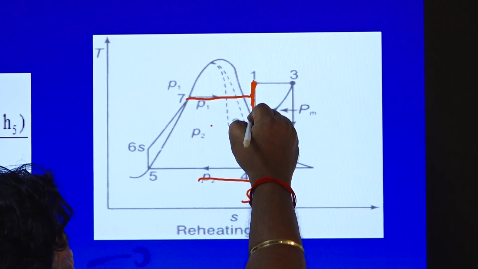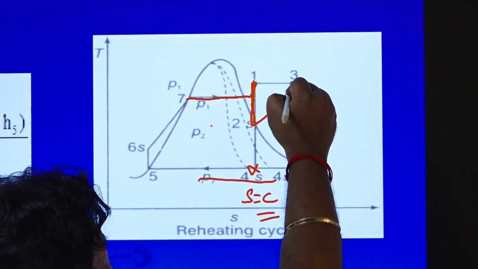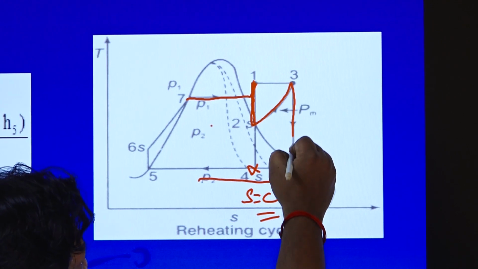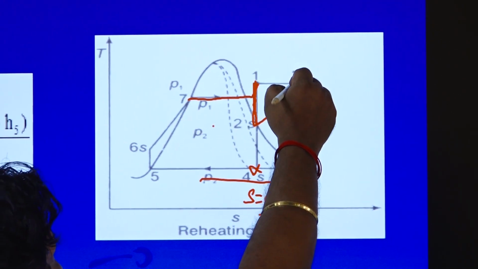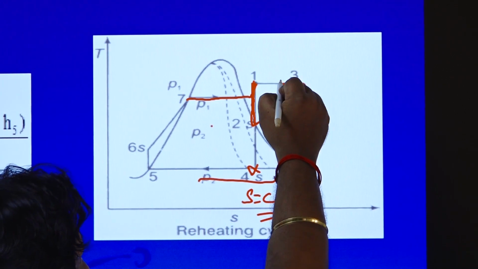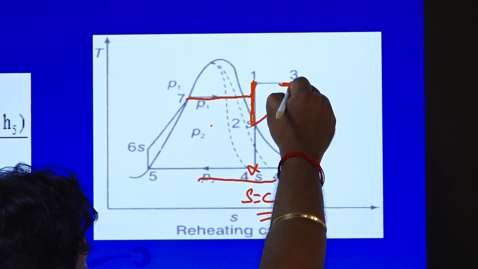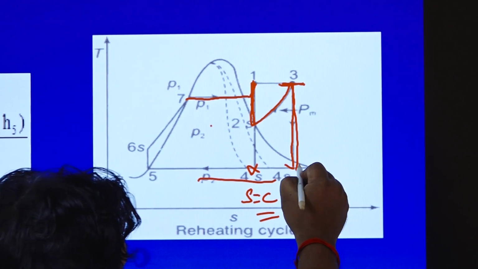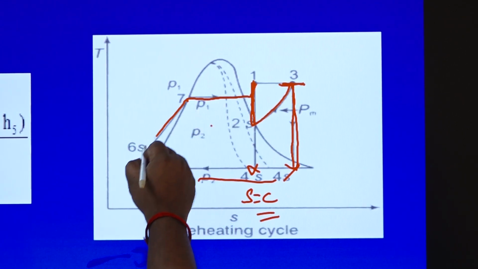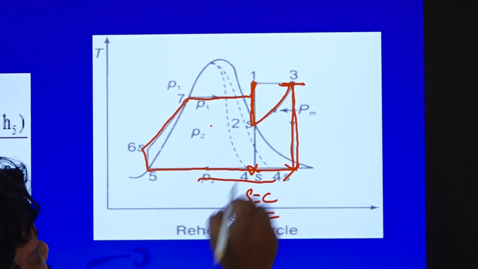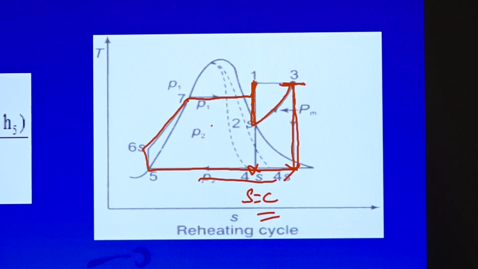But now when you go for reheat, it comes down, and the temperature increases further and reaches the initial condition, and then it is expanded in the turbine. So this is the diagram which represents the reheating process. You have to be thorough with this.